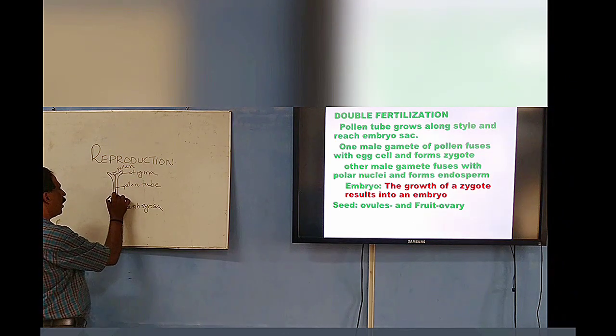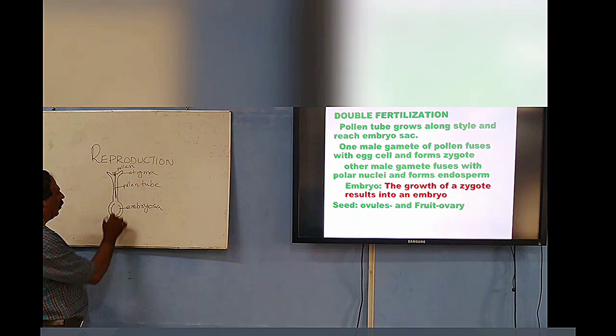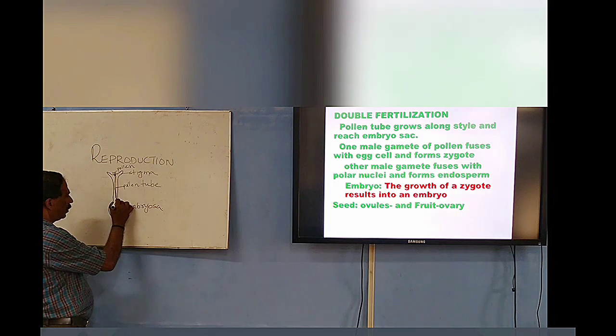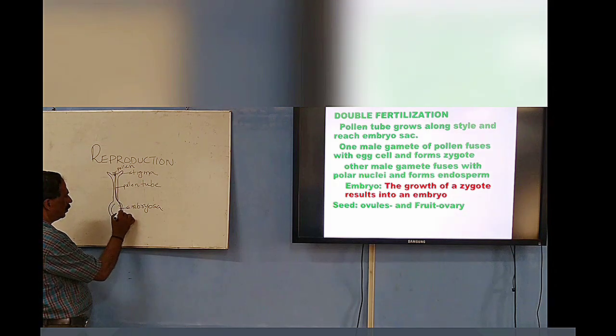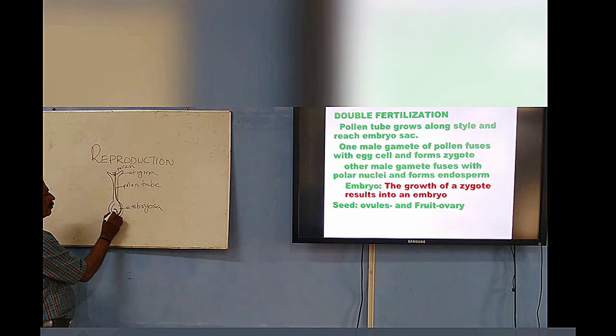Here, the pollen contains two male gametes. Along with this pollen tube, one male gamete is dropped here, and here the egg will be there, and here the polar nuclei.